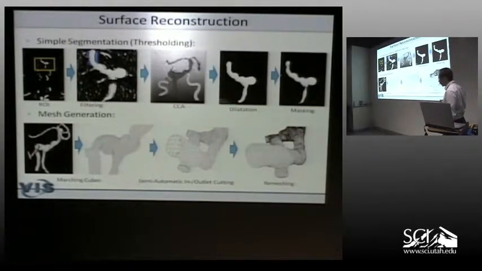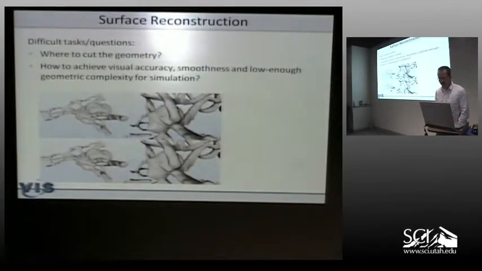Further processing definitely includes inlet and outlet clipping. That means we restrict the domain where the simulation should take place as much as possible, because otherwise it takes too long. And then it is definitely necessary to apply a remeshing in order to improve the triangle quality, in particular at these clipping planes which we insert. You see right here, these triangles are not very good with respect to their EQ angle skewness.